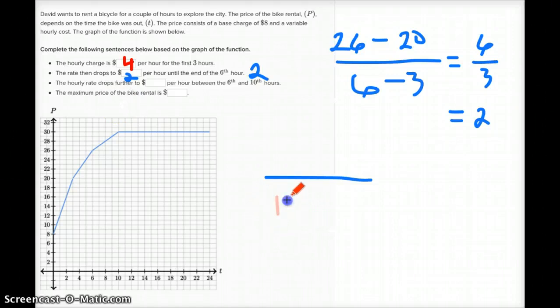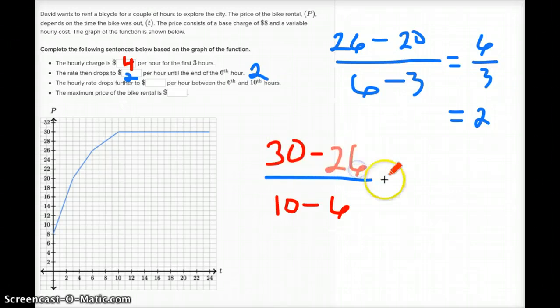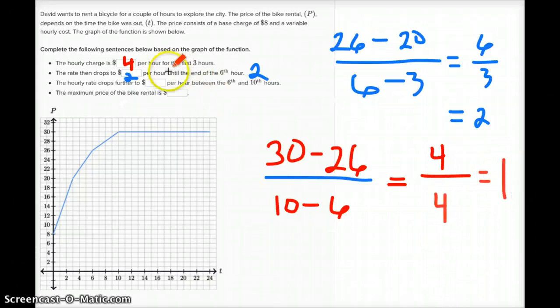So 10 minus 6, because that's where it starts. And then as for the y values, we'll follow this up. So we have 30 minus 26. And so that gives us 4 over 4, which equals 1. And so we have 1 here.